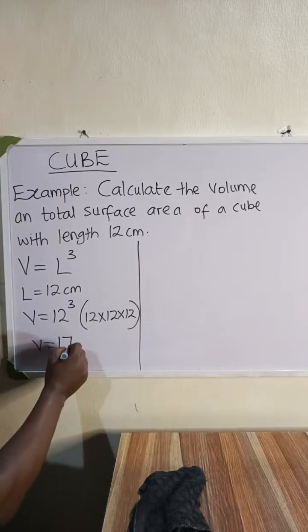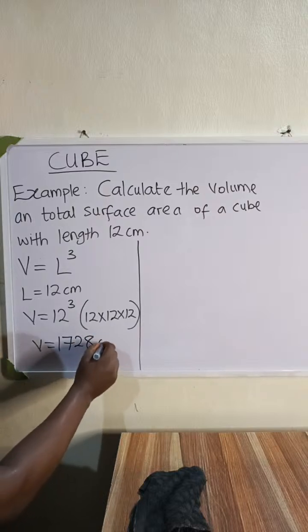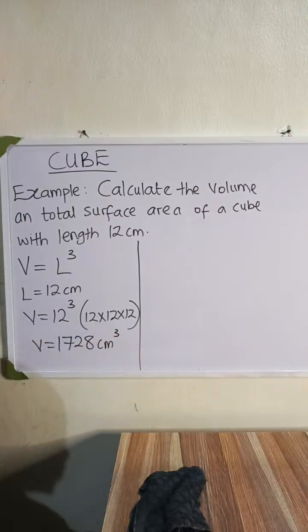We have 1,728 centimeters cubed. So that is the volume of this cube. Okay, correct.